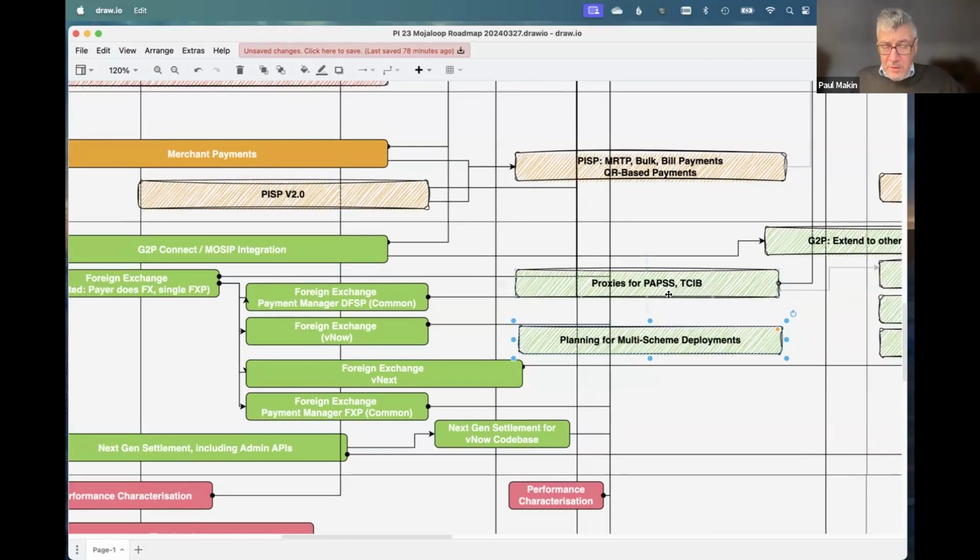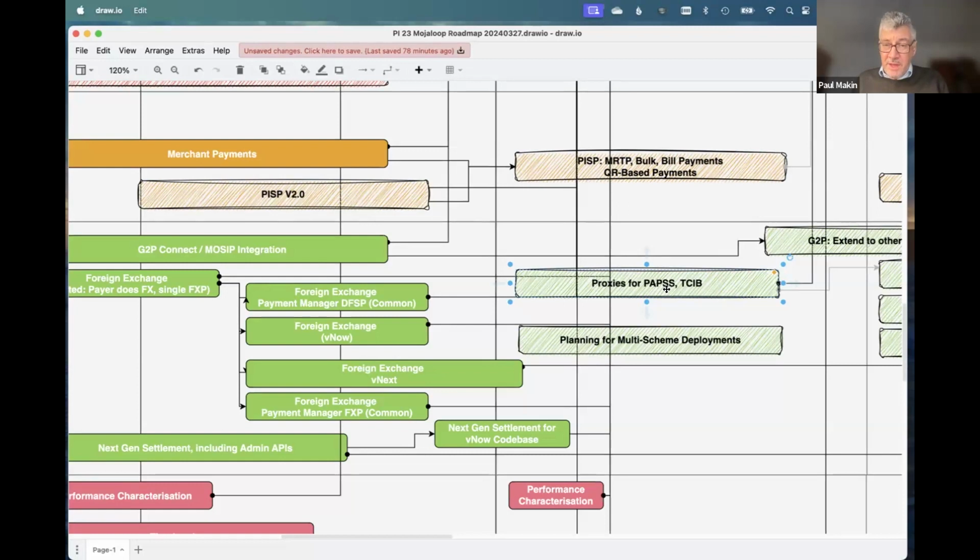We also know, allied to that but not quite the same, we need to be able to connect to other payment systems, and the priorities that have been identified by the Modular go-to-market team are being able to integrate with PAPSS and TCIB. That's very important for a number of deployments across Africa, and it is a priority for the next PI.